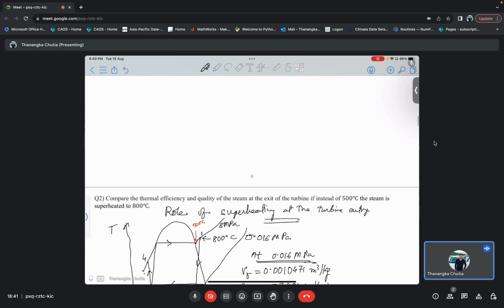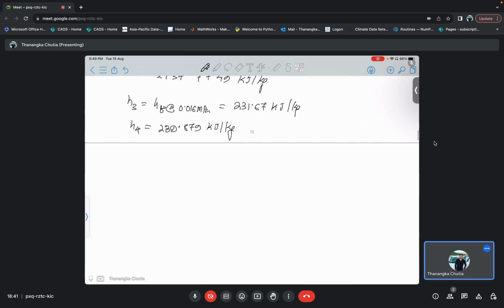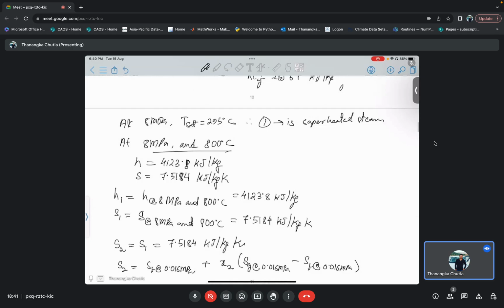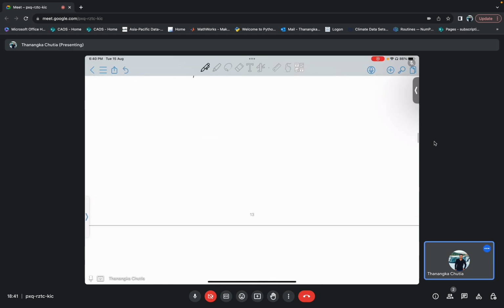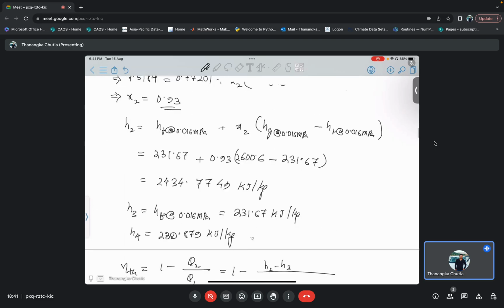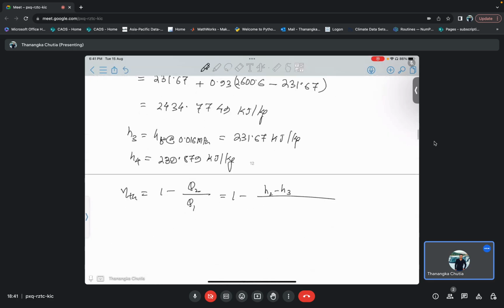Now I have to compare the thermal efficiency and the quality of the steam at the exit. First, let me check the thermal efficiency. Thermal efficiency equals 1 minus Q2 upon Q1, where Q2 is H2 minus H3 and Q1 is H1 minus H4.